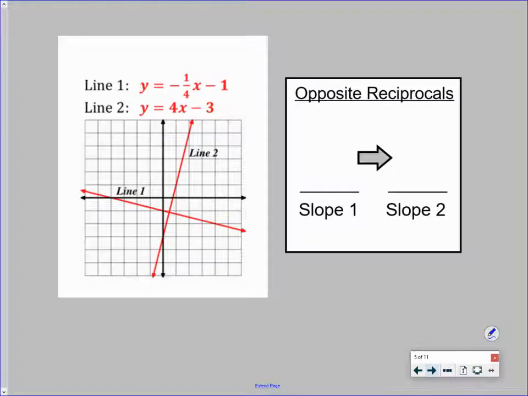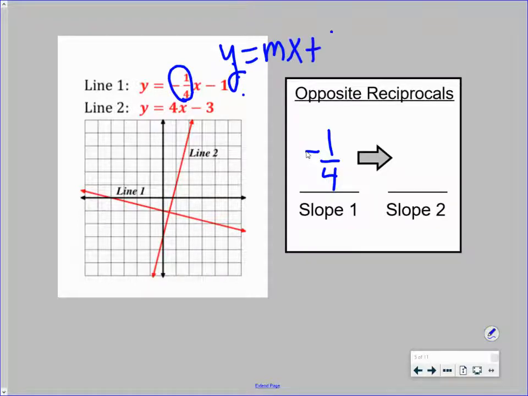Another example here, line 1 has the slope of negative 1/4. We know the slope is the number in front of the x when it's in slope-intercept form. This is our slope-intercept form: y equals a number times x plus another number.